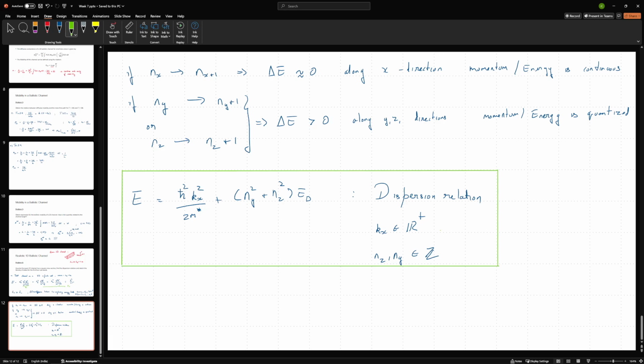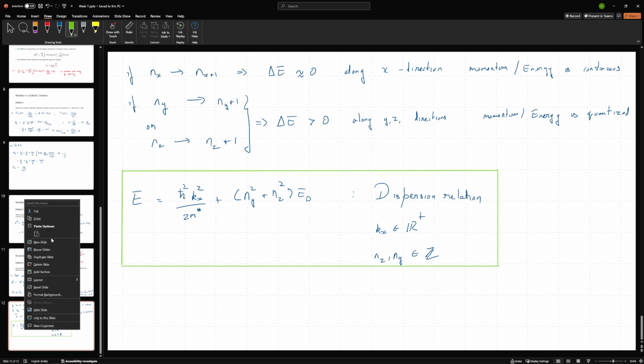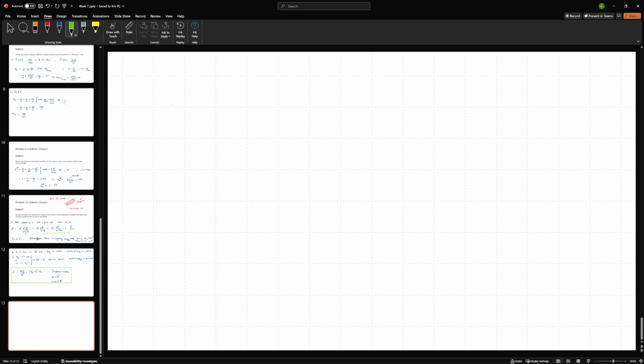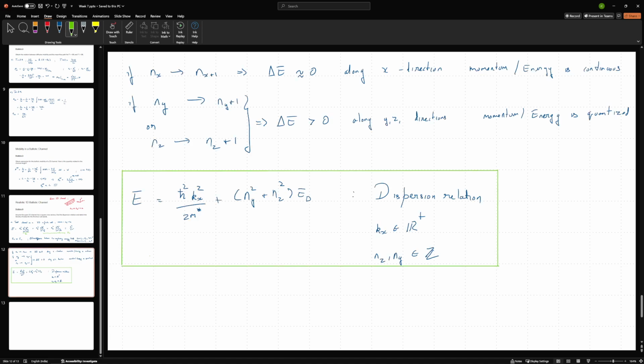So this is the dispersion relation. Now there are actually three parameters connecting this. So before we go to the density of states, let us plot this for a second. Remember, what is now the lowest possible energy this system can have? Kx is a positive real quantity. It can go as close to zero as possible.